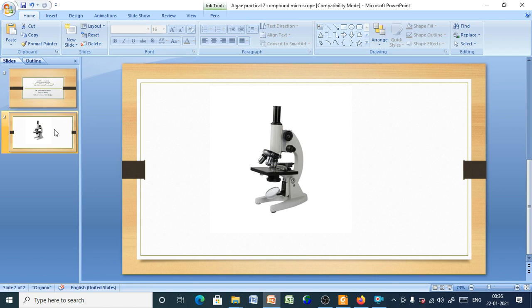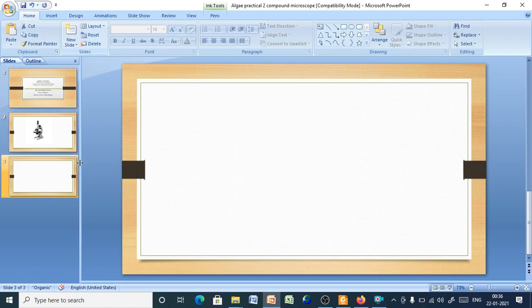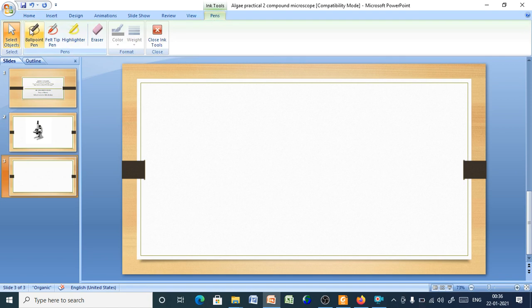But before I discuss some of the structural details of this microscope, initially I must mention that this is a light microscope.